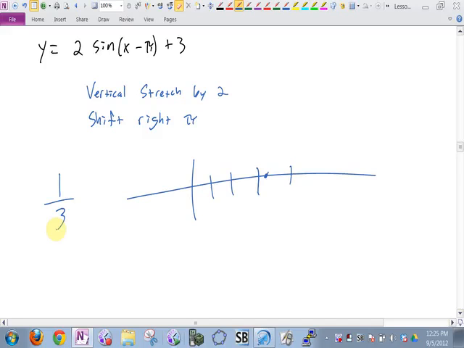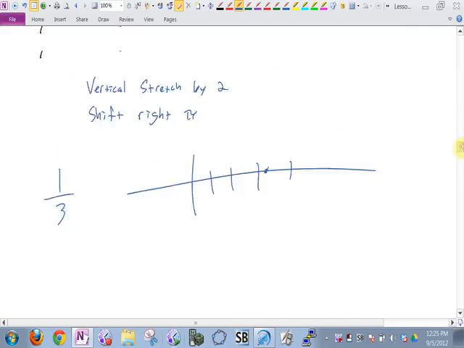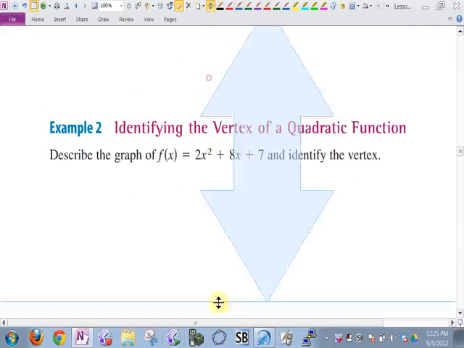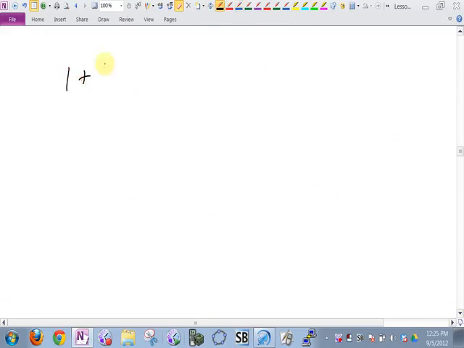You can add together an infinite number of things and get a finite answer. It's true. Here, let me show you an example. 1 plus 1/2 plus 1/4 plus 1/8 plus 1/16 plus 1/32.